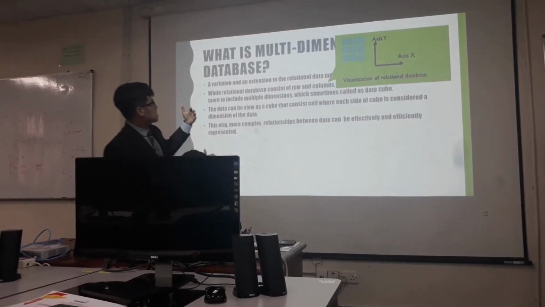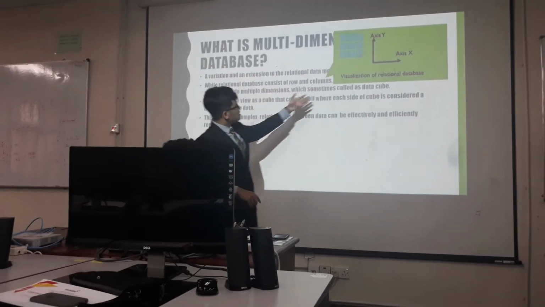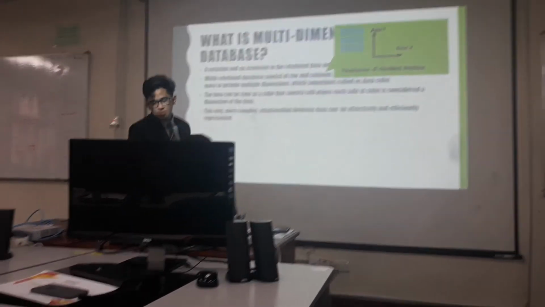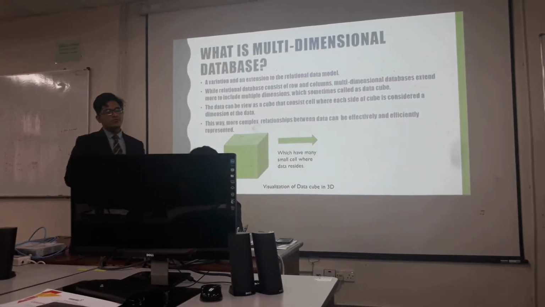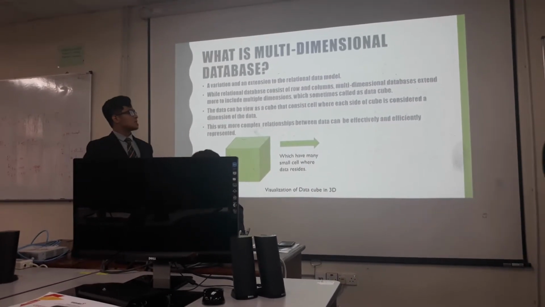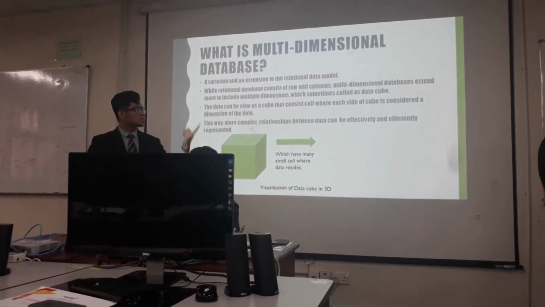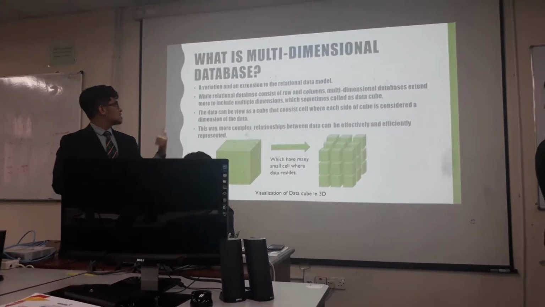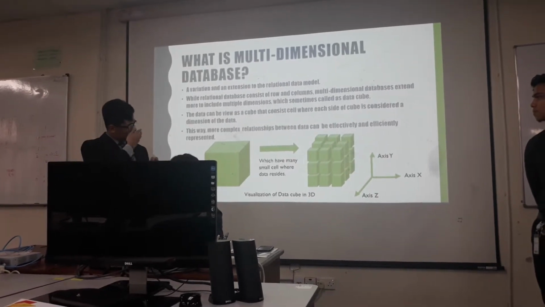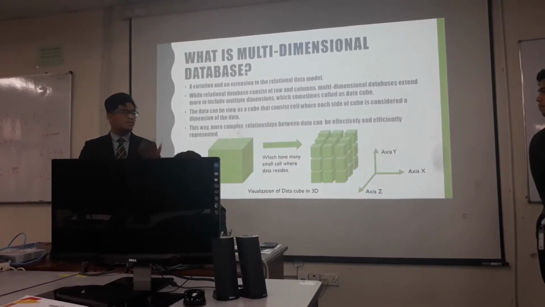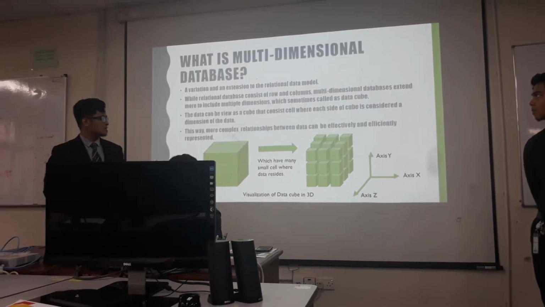So this is the relational database, which consists of rows and columns. This one. The data can be viewed as a cube that consists of cells, where each side of the cube is considered a dimension of the data. This way, more complex relationships between data can be effectively and efficiently represented like this.